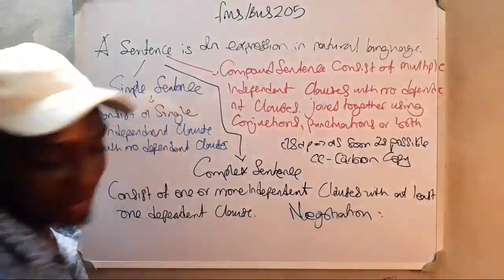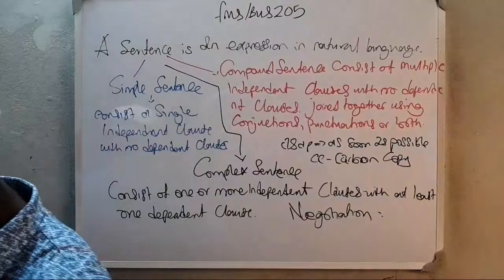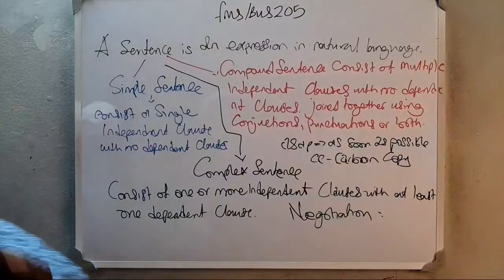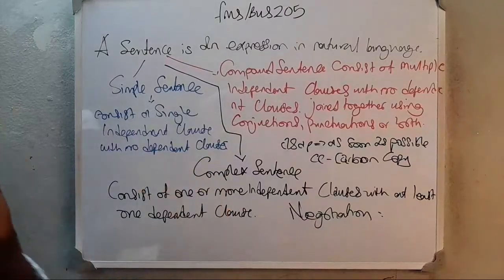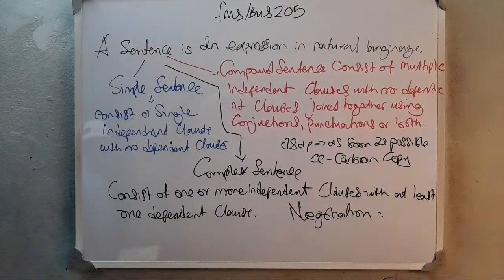When we talk about negotiation, it's a dialogue. Negotiation is dialogue intended, and targeted at producing an agreement upon course of action. Okay, an agreement upon course of action. So we have that as that.